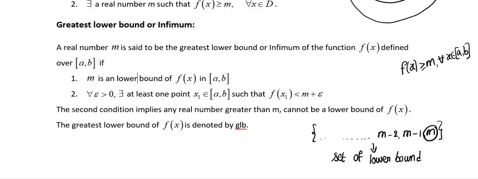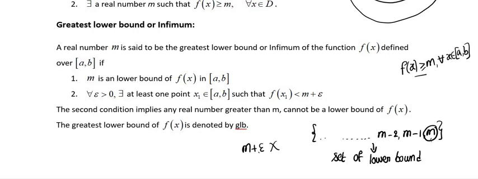Again, the number which is greater than m, that is m plus epsilon, is not a lower bound because m is the greatest lower bound. Then the number greater than m plus epsilon is not a lower bound.